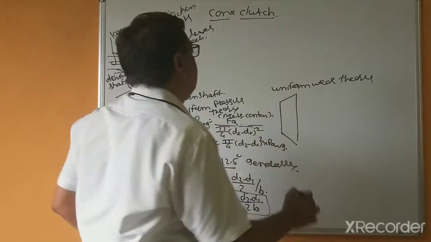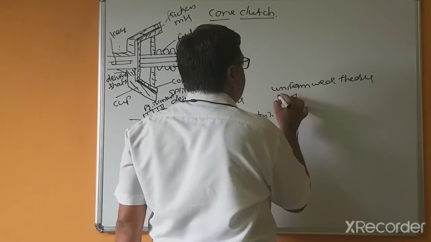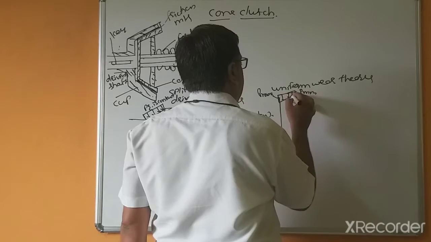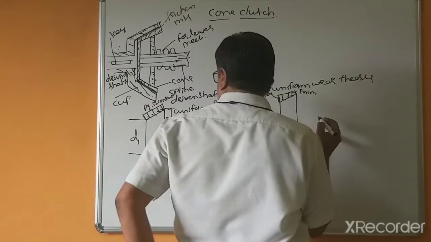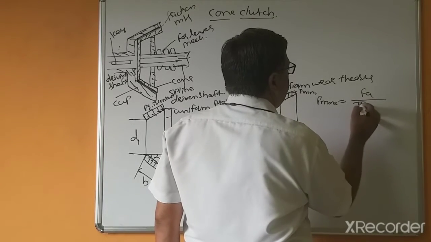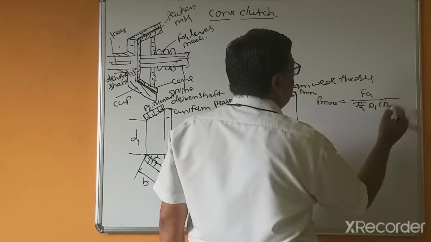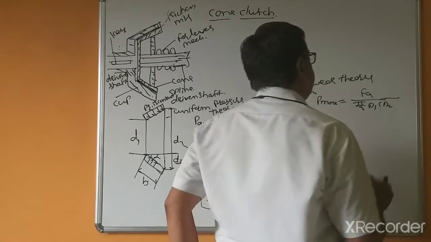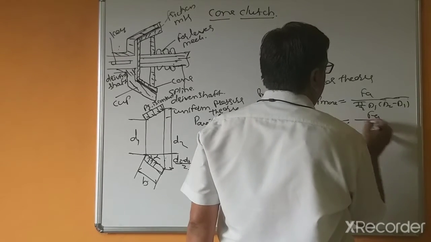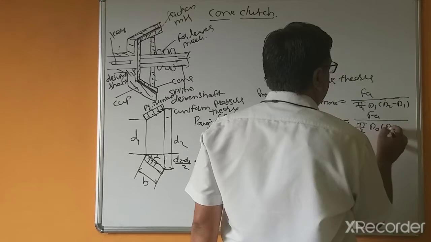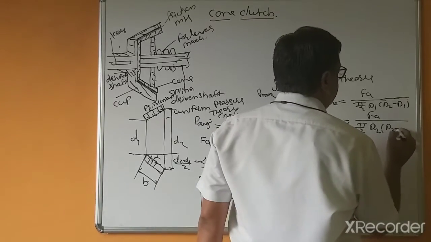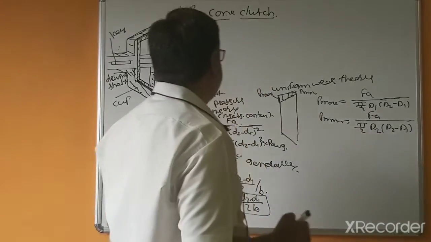And for the uniform wear theory, the pressure is maximum here and minimum here. So P max equals Fa divided by pi by 2 into d1 into (d2 minus d1), and P minimum equals Fa divided by pi by 2 into d2 into (d2 minus d1), where d1 is the inner diameter and d2 is the outer diameter. So we can use these relations.